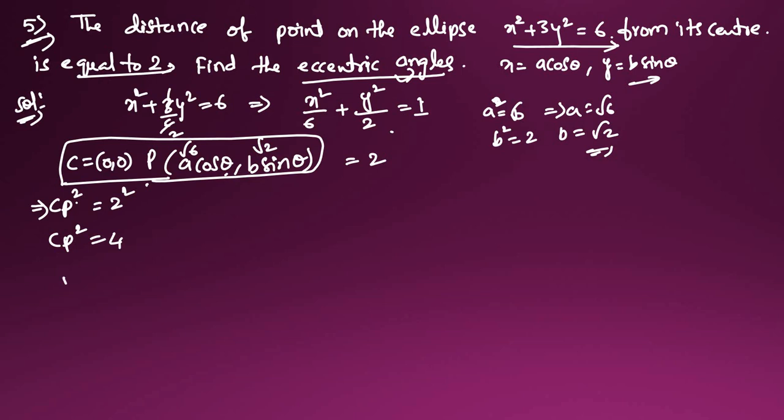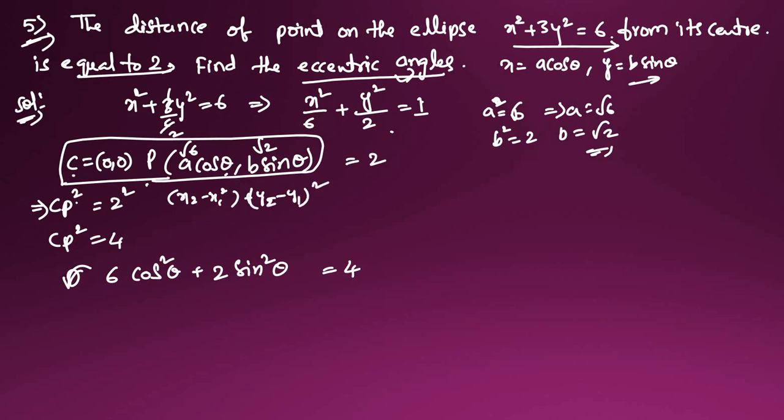It will become 6 cos square theta plus 2 sin square theta is equal to 4. Sir, how will it come? It is the distance: x2 minus x1 whole square plus y2 minus y1 whole square.